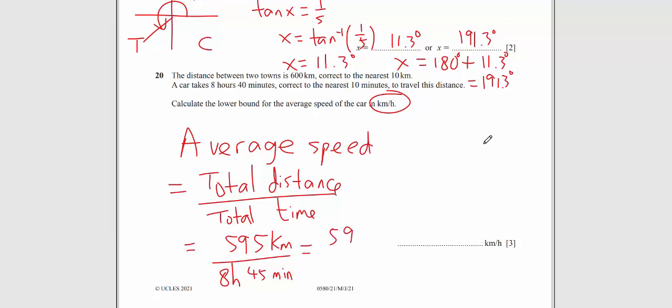So we have 595 over 8 hours and 45 minutes. If we change it to hours only, we will get 8 and 3/4 hours. So if you calculate that, you will get 68 km per hour.